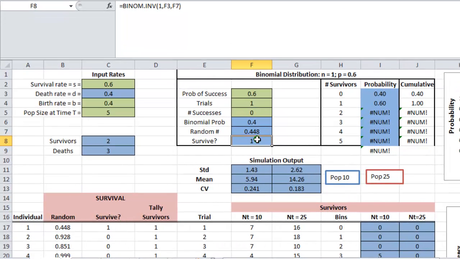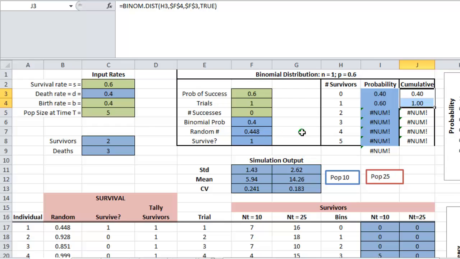But what you should see is that when random numbers are chosen, we're going to again find where they fall on this cumulative distribution and we'll return the number of survivors. So in this case it's a little bit backwards, but the result is the same. This time we're looking up this random number and we're finding where it falls in the cumulative array.